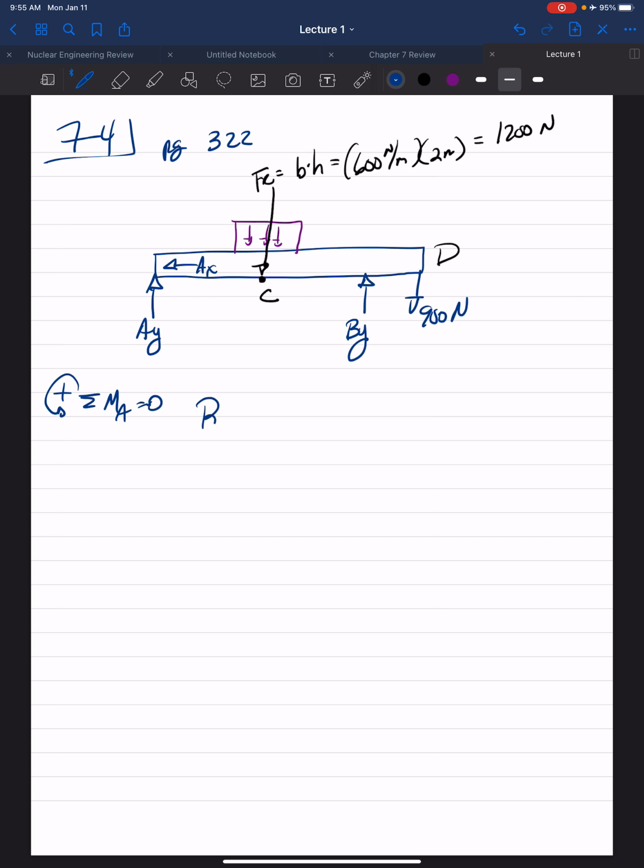So then our BY causes counterclockwise rotation about point A, separated by a distance of 4.5 meters.